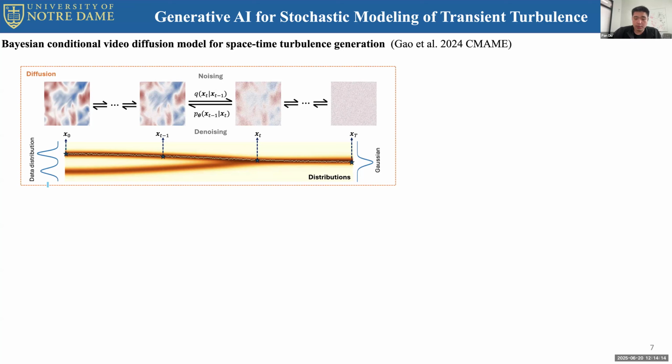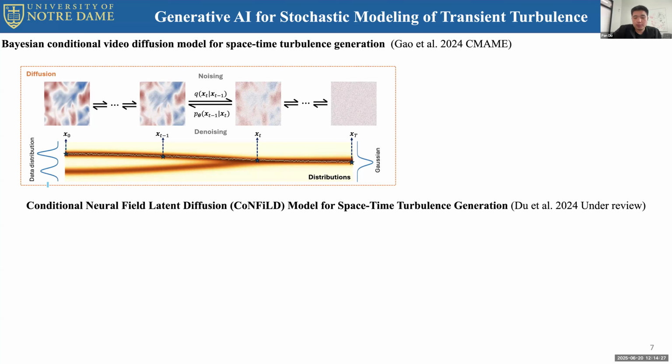This is a schematic of the flow field going from a very clear stage into a noisy stage and going back to generate synthesized turbulence flows. This paper is published in CME.